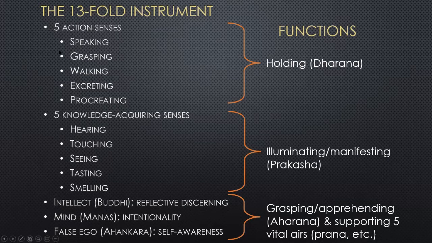Then the action senses are said to be holding, dharana, while these last ones, intellect, mind, and false ego, are said to be grasping, apprehending, adana. And they also support the five vital airs in our body. Some of you may have heard of the prana. That's one of those five airs. But there's also apana, vyana, samana, and udana. So these are the five, and they are supported by these three.